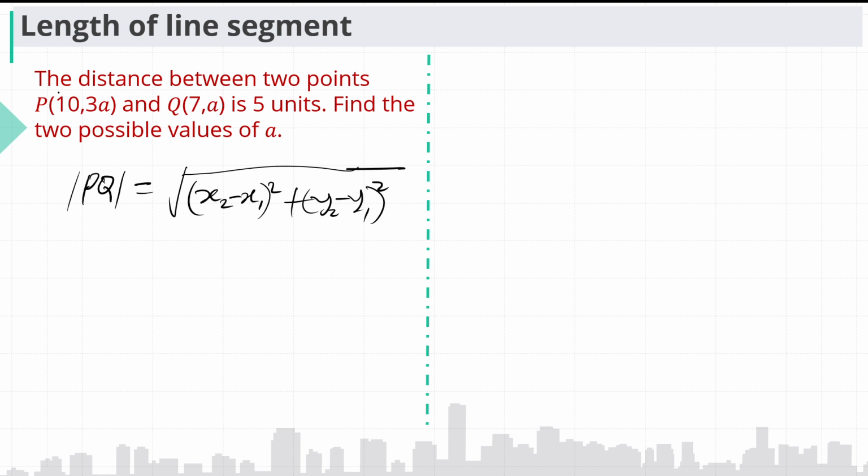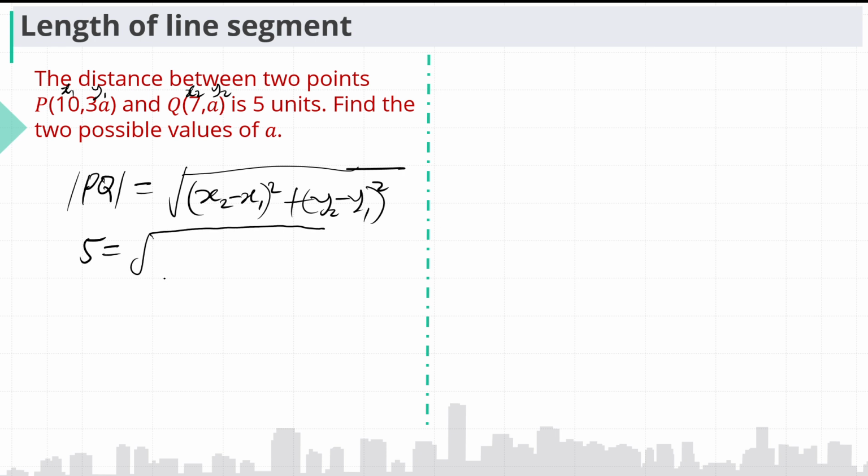Now let the point P be S1, Y1. Let the point Q be S2, Y2. Now question says that the distance between the 2 points PQ is 5. So in place of what we have at the left hand side, length PQ, 5.